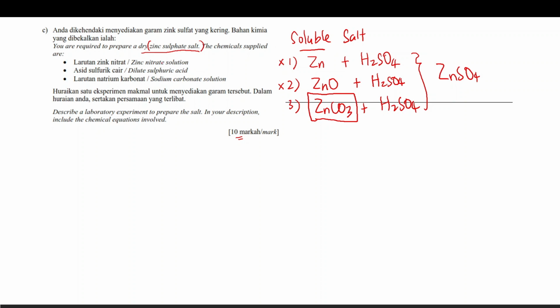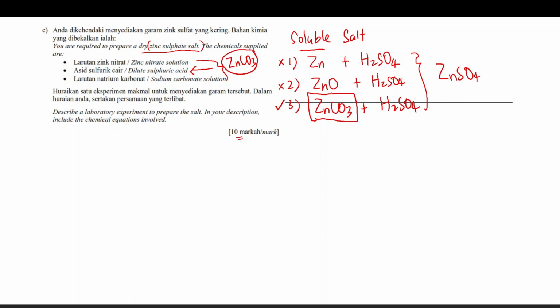Zinc nitrate can react with sodium carbonate to produce zinc carbonate. Then we use the zinc carbonate to react with sulfuric acid to produce zinc sulfate. The whole idea, you have to get it correct first. So first we need to prepare the zinc carbonate.